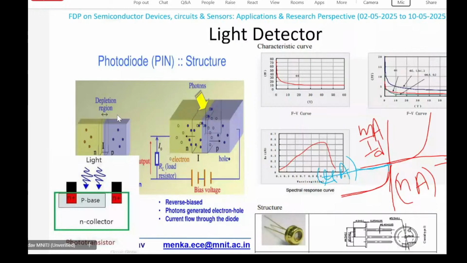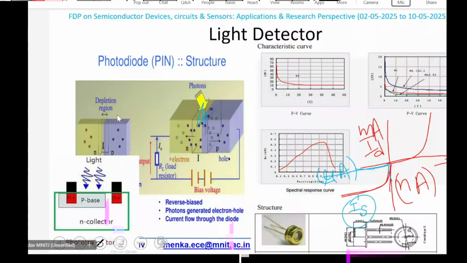This is nothing but the reverse saturation current, and this reverse saturation current is getting increased if photons fall at the intrinsic junction, the intrinsic region, and this amount of current is getting modulated. This IS current is getting modulated.